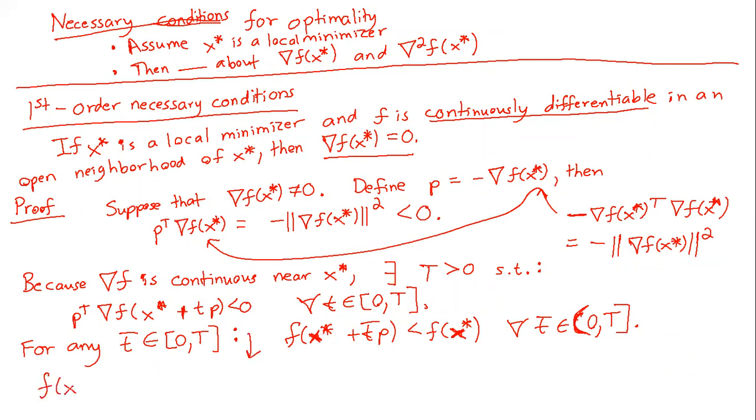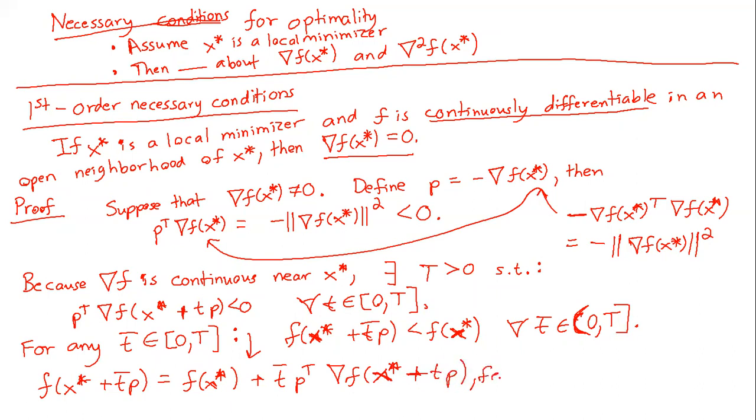f of x star plus t-bar p, this is the part that looks like Taylor's theorem, is equal to f of x star plus t-bar p transpose del f of x star plus tp, for some t contained in 0 to t-bar.